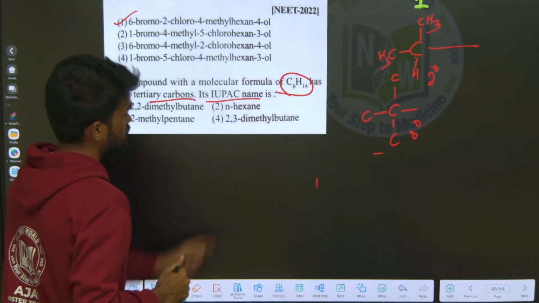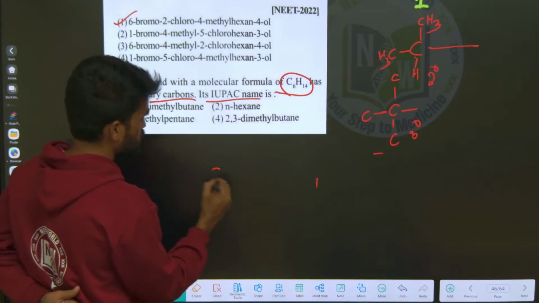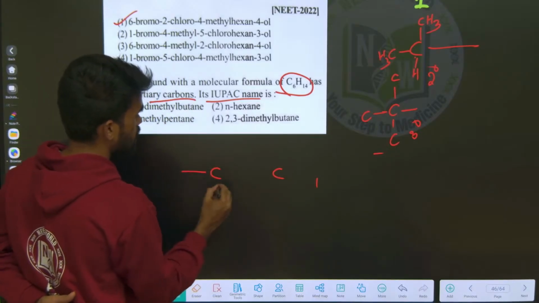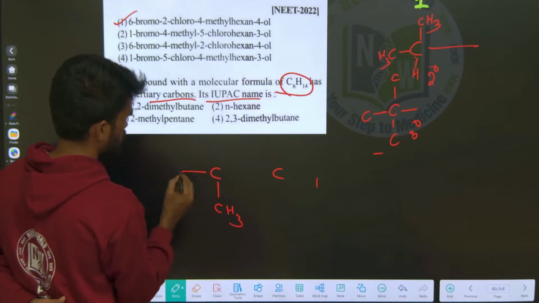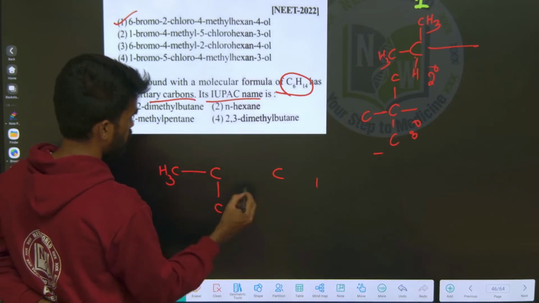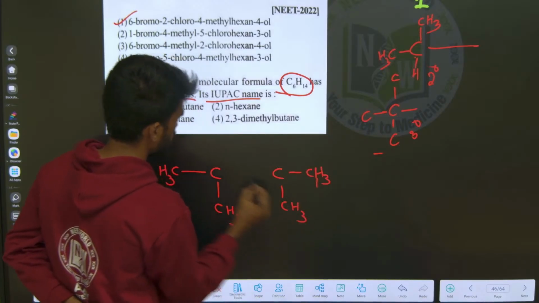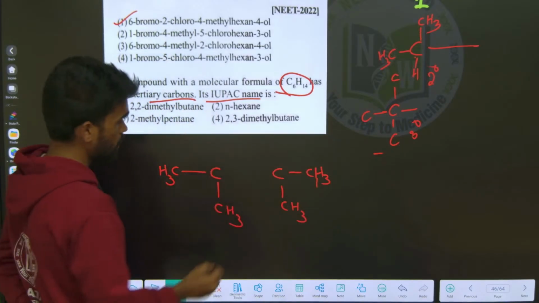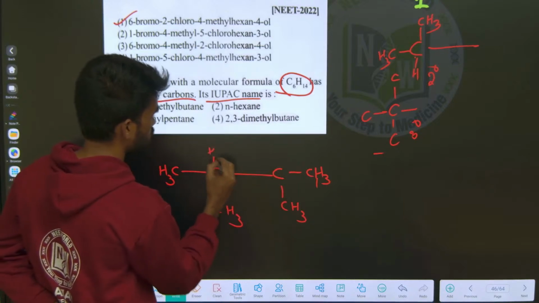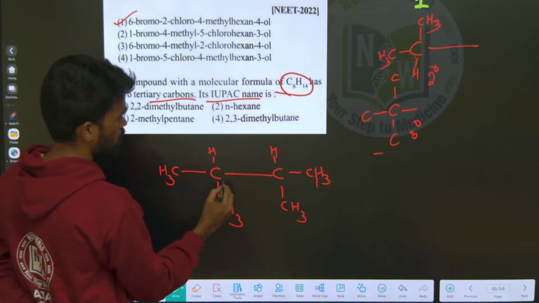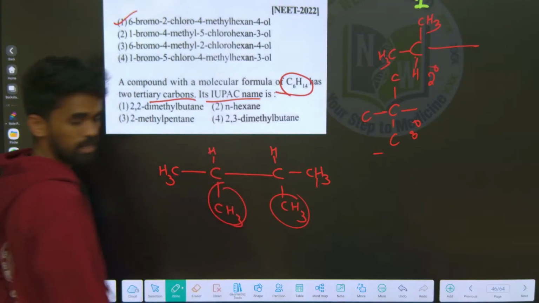See, 6 carbons we required now. So first put 2 carbons and make them tertiary. How many over? 2 this side, 2 this side, 4 over 6. Okay, now by making a bond here it becomes dimethyl butane. 2 comma 3 dimethyl butane, that's it.